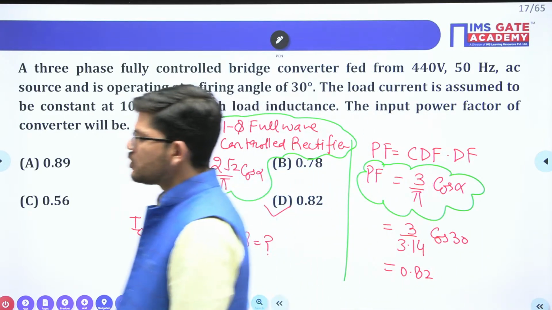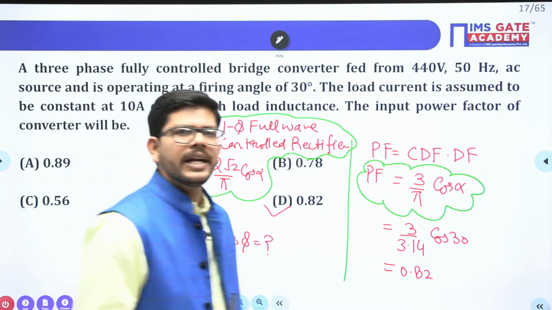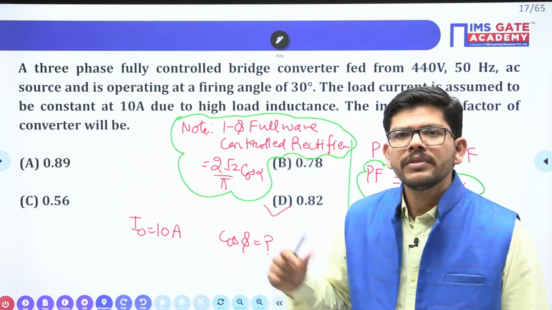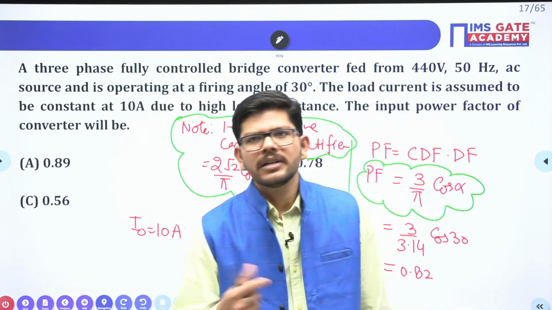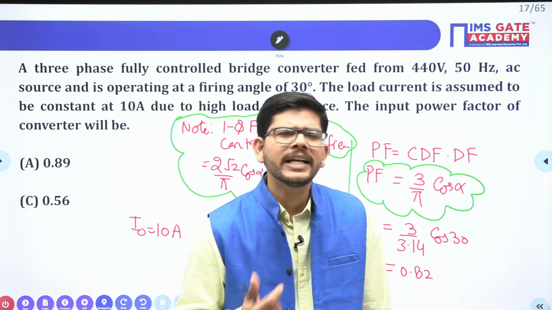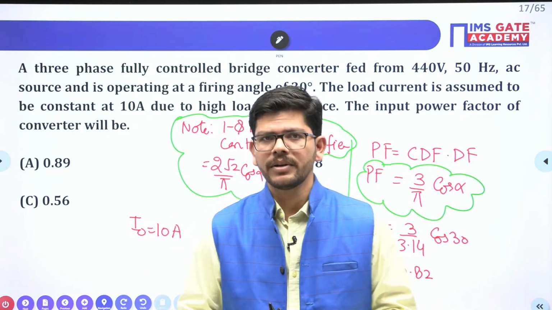Do remember these formulas, because I am very sure you can get a problem from this topic in the upcoming GATE exam, since the GATE authority has asked questions from this topic many times.